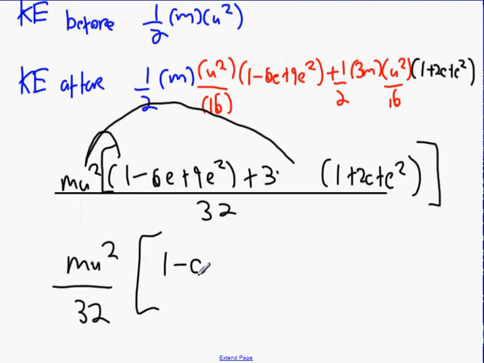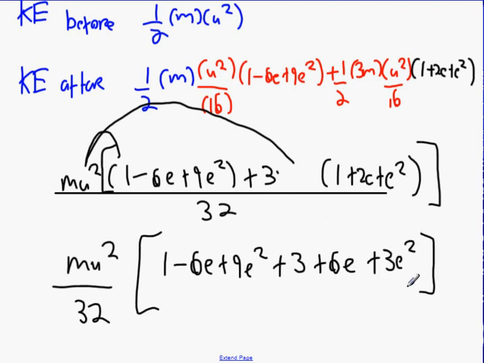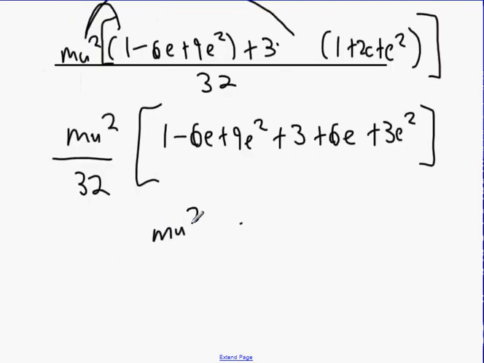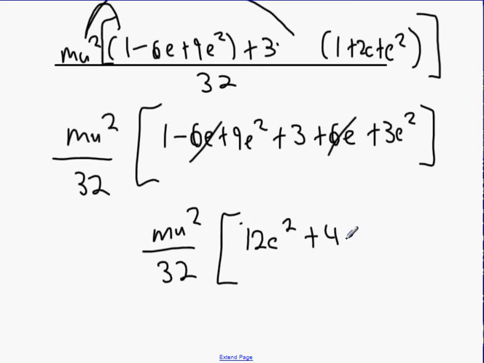Going to be 1 minus 6e plus 9e squared plus 3 plus 6e plus 3e squared. Then what we're going to get here is mu squared over 32 into, the 6e's cancel, and then 12e squared plus 4.